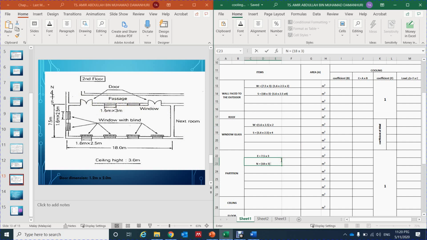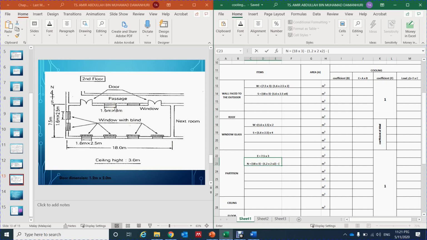So now we have to minus the window and door here. So now we calculate the door first. The door is about 1.2 times 2 meter, and then we have to times 2 because they have two doors here, and then we have to minus again with the window here.